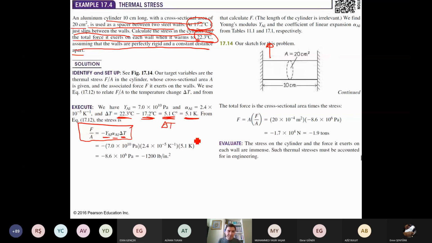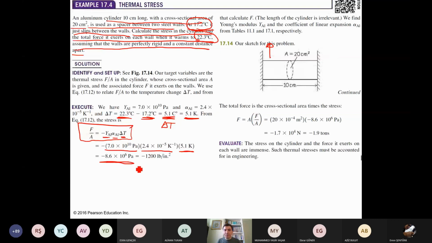Okay, then just put the Young's modulus of aluminum here, 7 times 10 to the 10 Pascal, and the linear expansion coefficient of aluminum here, 2.4 times 10 to the minus 5, 1 over Kelvin, and delta T, the change in the temperature. Then the stress can be calculated as minus 8.6 times 10 to the 6 Pascal.